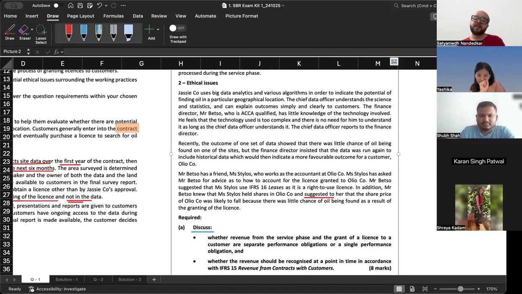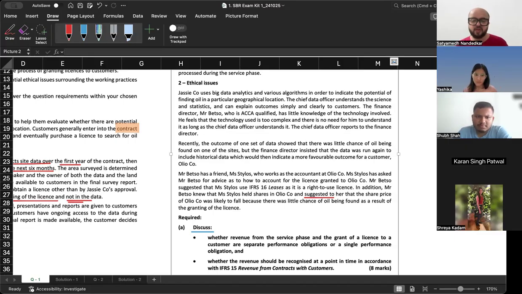Jassie company uses data analytics and various algorithms in order to indicate the potential of finding oil in a particular area. The chief data officer understands the science and statistics and can explain outcomes simply and clearly to customers. The finance director, Mr. Betso, who is ACCA qualified, has little knowledge of the technology involved. He feels that the technology is too complex and there is no need for him to understand it as long as the CDO understands it.